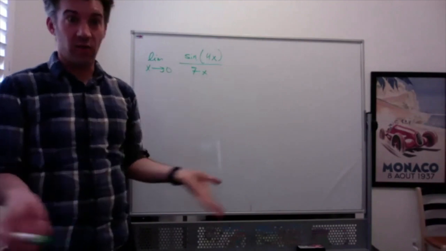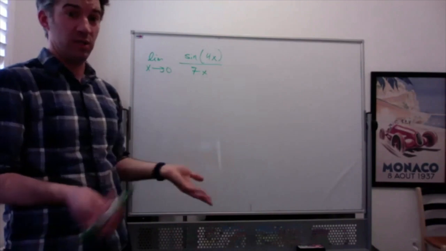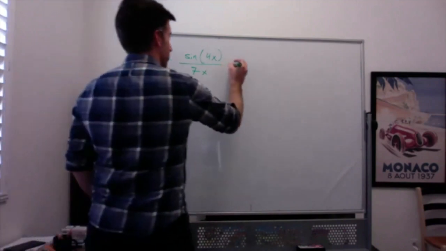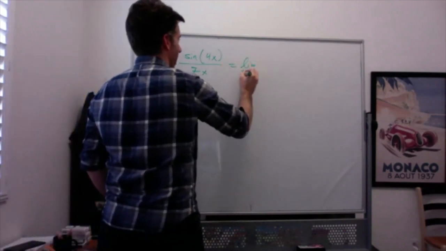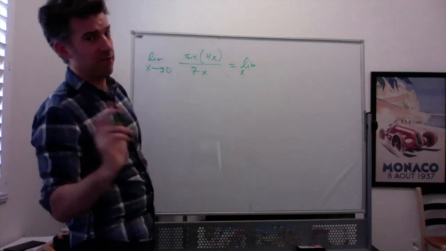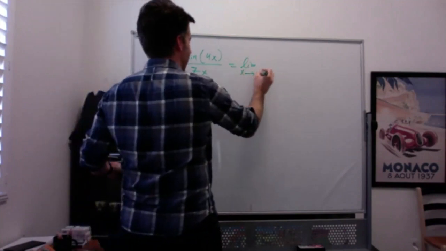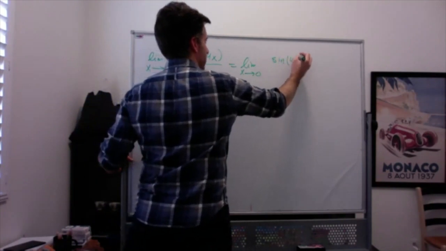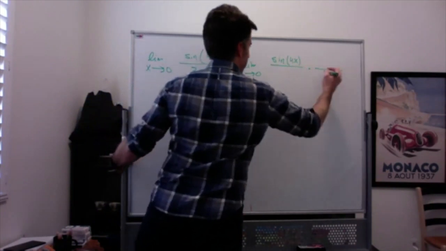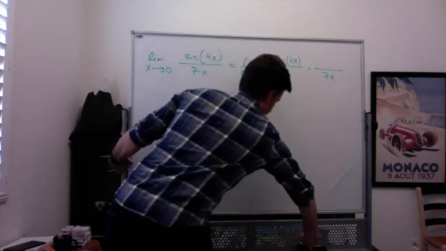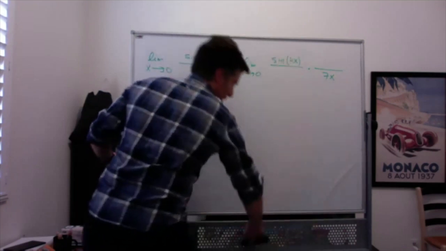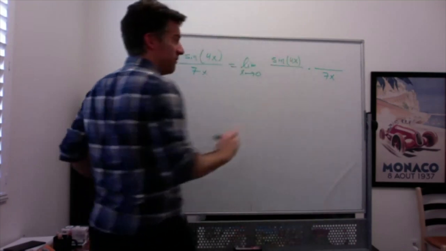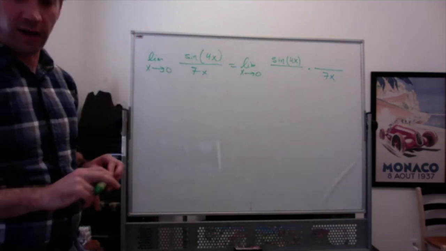This is actually what I call the wish method: I'm going to write down what I wish I had. But first, I'm going to write down what I have. So I have sine of 4x over 7x. I like to write it that way, so basically each factor of my fraction gets its own fraction.